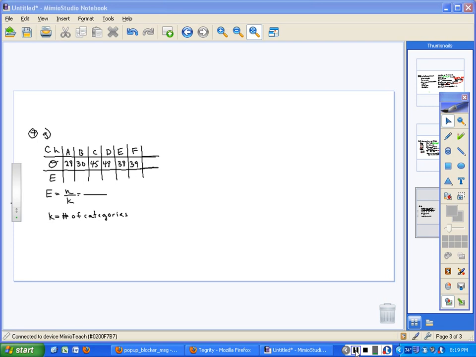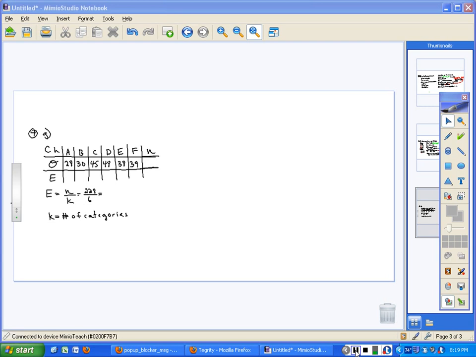So we've got 1, 2, 3, 4, 5, 6 categories. So the denominator is going to be 6. But what is N? What is the numerator? Well, in order to find N, you need to total. You need to add up all of the data, because you had 28 pieces of data in one category. You had 30 in the next, 45, et cetera, et cetera. So if you add them all up, it adds up to 228.